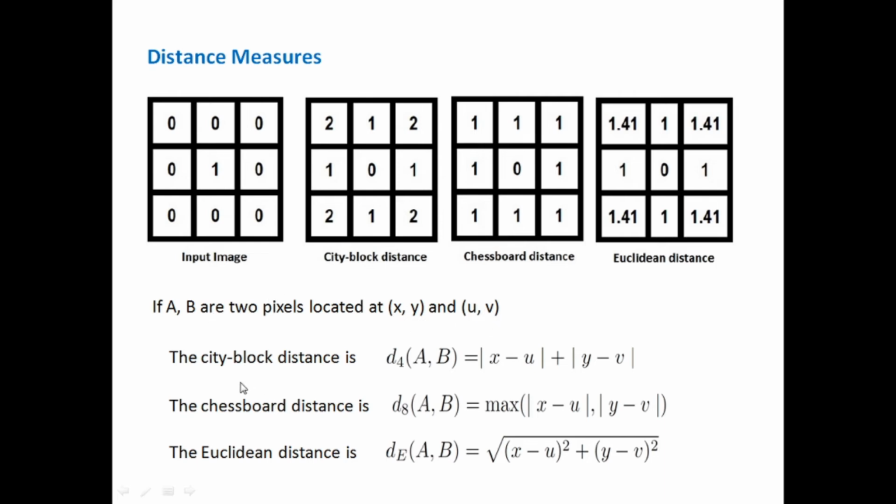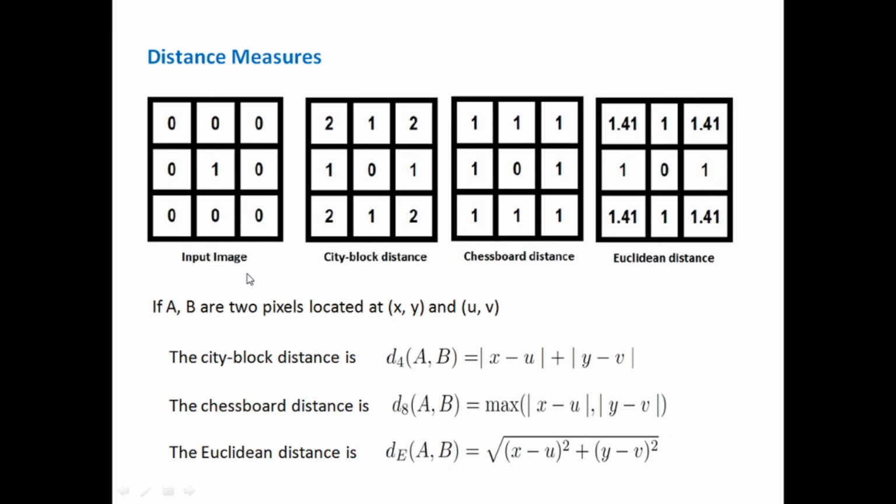Now I need to find out what will be my city block distance. The city block distance is given by d4 of A comma B equal to the magnitude of x minus u plus the magnitude of y minus v. We are here seeing the magnitude.